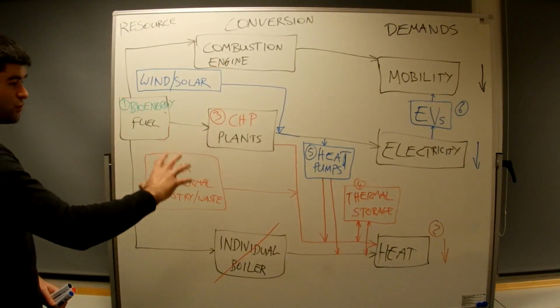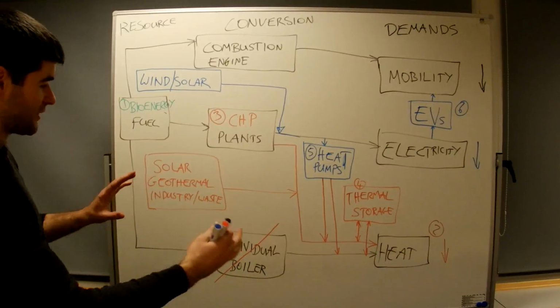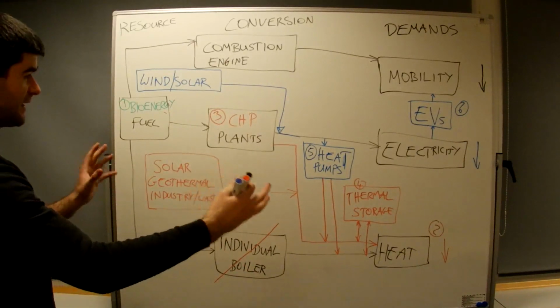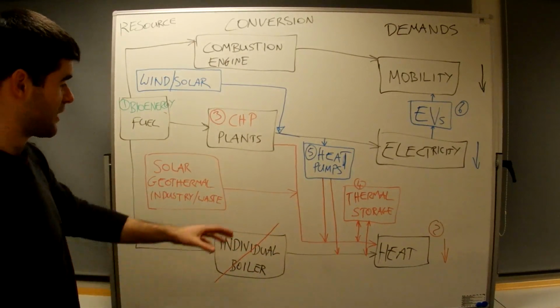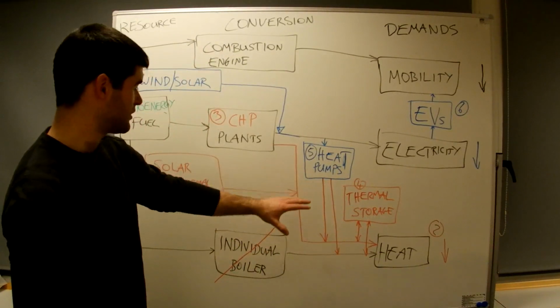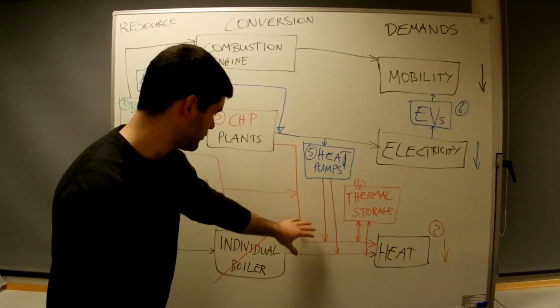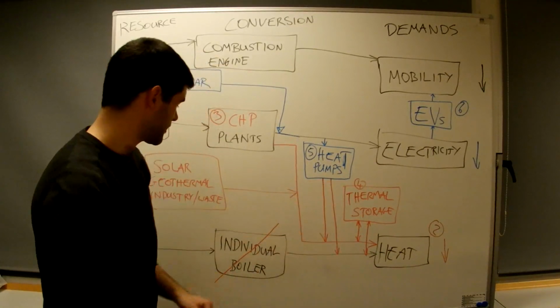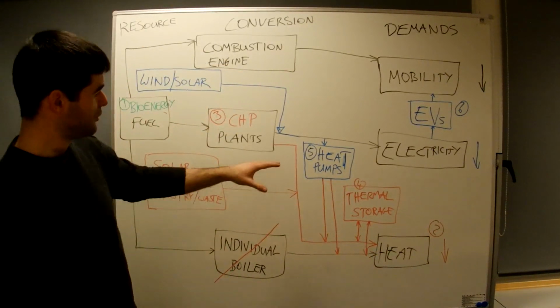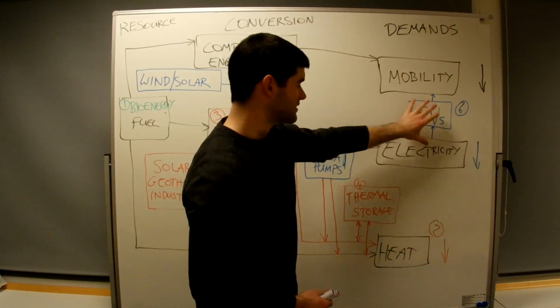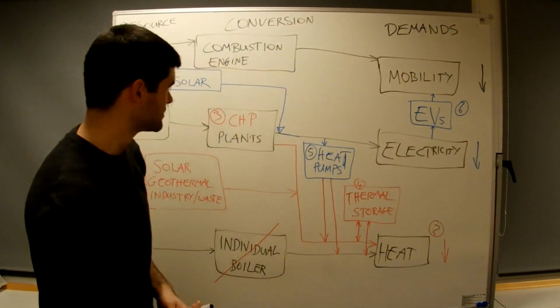So now we're at a situation where we have quite a lot of renewable energy in our end user demands. Our heat sector is now very renewable, with a lot of bioenergy in the CHP plants, wind and solar in the heat pumps, and lots of flexibility with the thermal storage. We've also introduced some renewable energy in individual cars via electric vehicles.